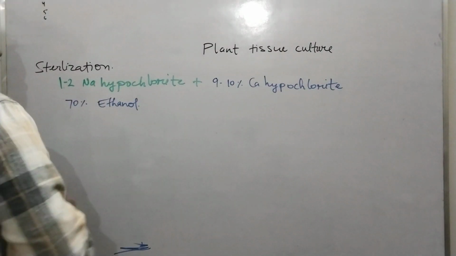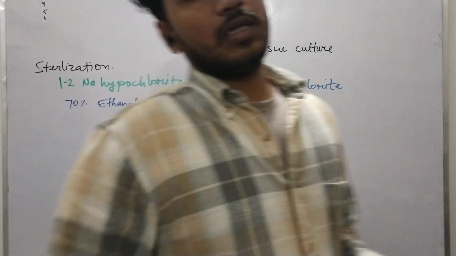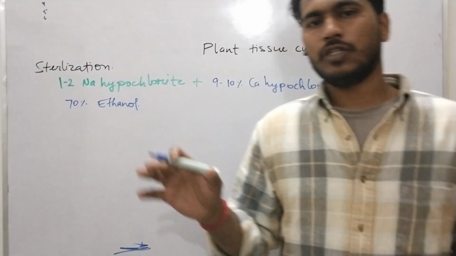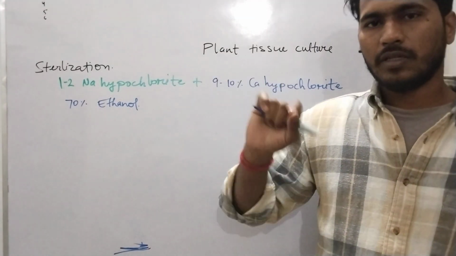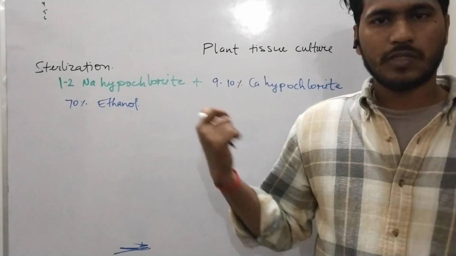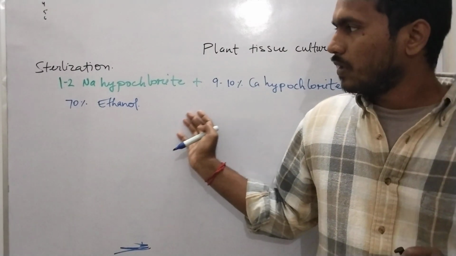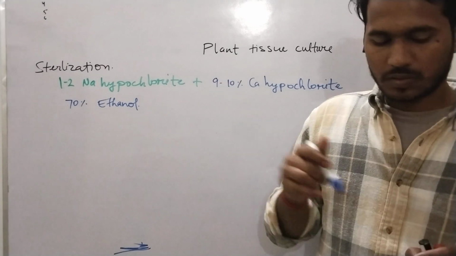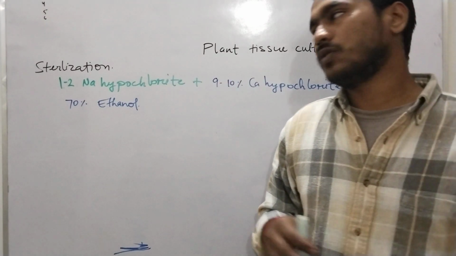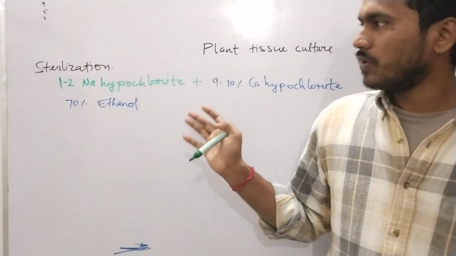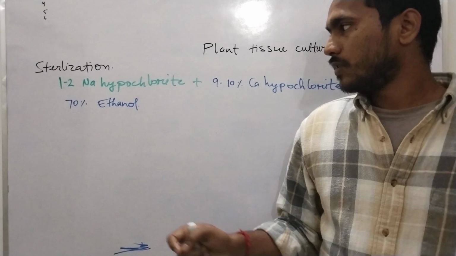We will take the tissue, cell, stem part, anything, then wash it with this, and then it will be sterilized. Like that, we will use it for sterilization. There are different stages of sterilization, but for your level, for GATE B and IIT JAM, this is sufficient.